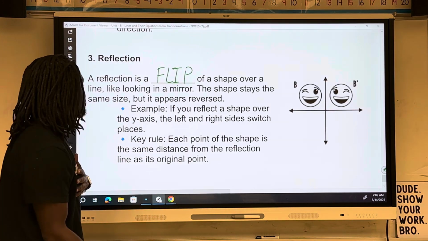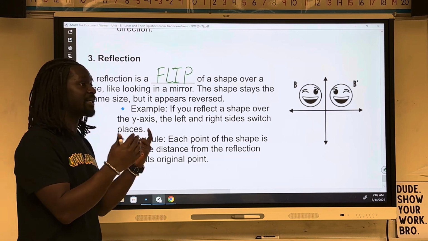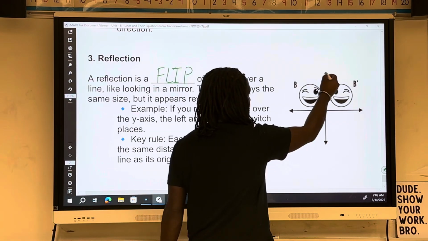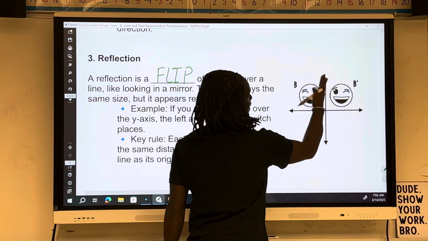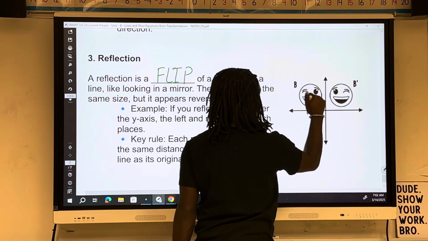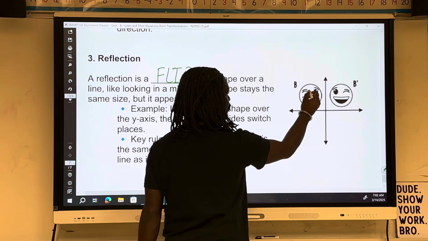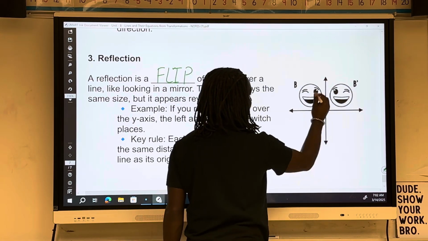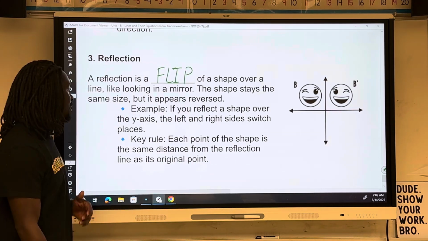If you reflect the shape over the y-axis, then the left and right sides switch places, right? Like here, this is flipped over. This is the pre-image, and this is the image, right? When you flip it, you see the sides just change. The wink was on the left, now the wink is on the right. The open eye was on the right, now it's on the left, okay?